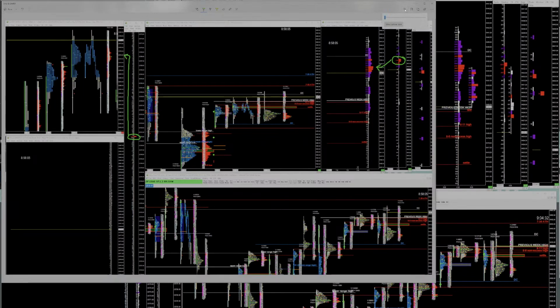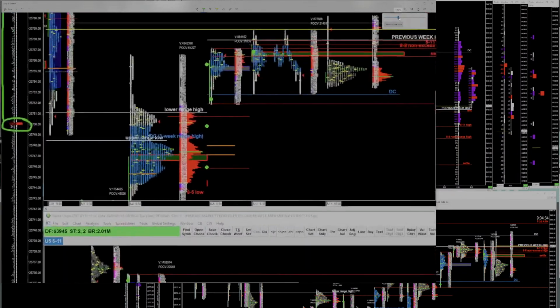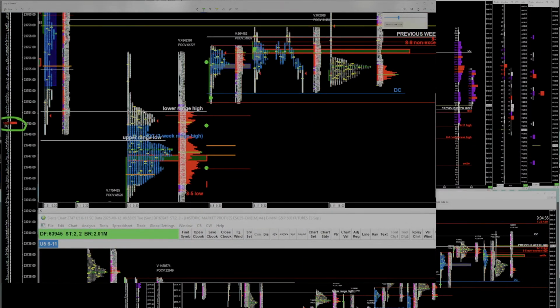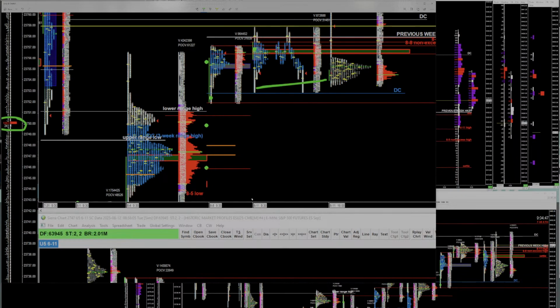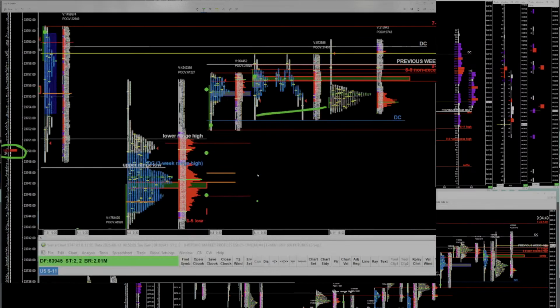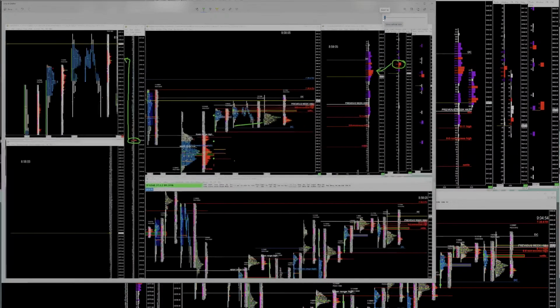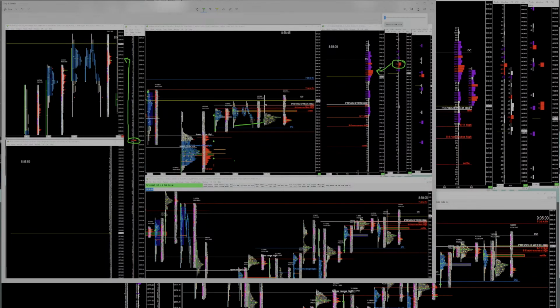Can I see this tremendous imbalance in both the ES and Nasdaq? You can see here as well the ES around these areas that are highlighted here.